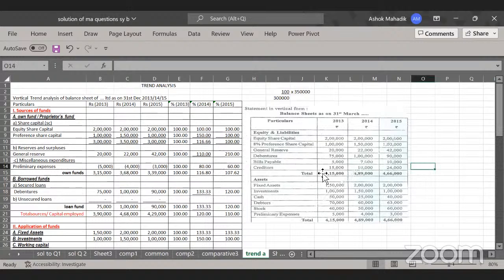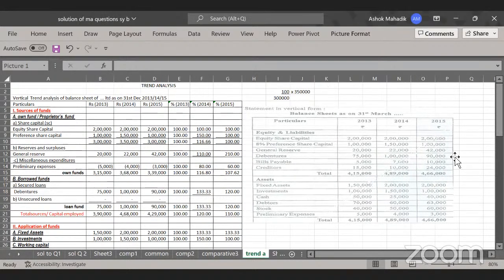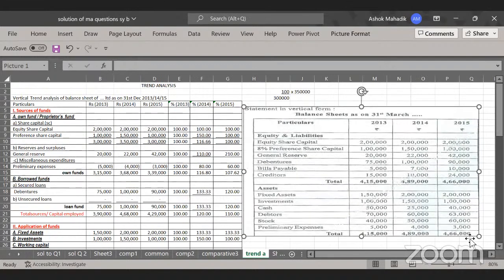Now coming back to trend analysis. In trend, first make a vertical format balance sheet. Put all the 3 amount column values by referring to the question. Then I'll tell you how to calculate percentage. In trend analysis, the first percentage column will be 100 against all the items.